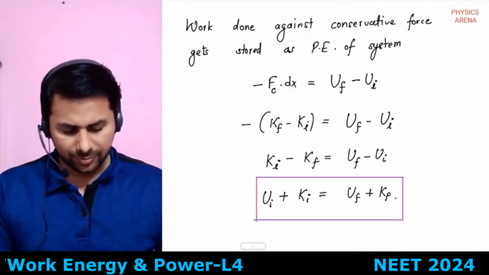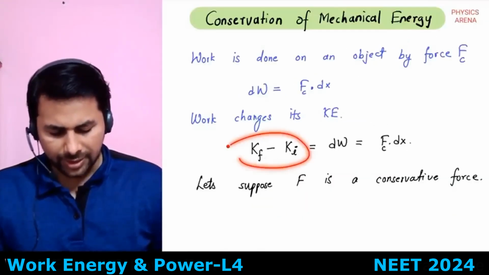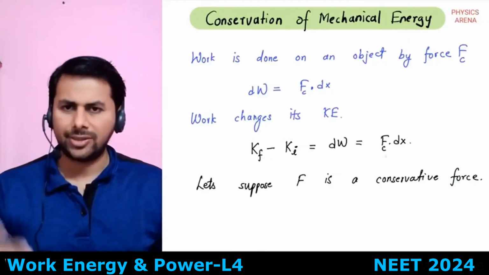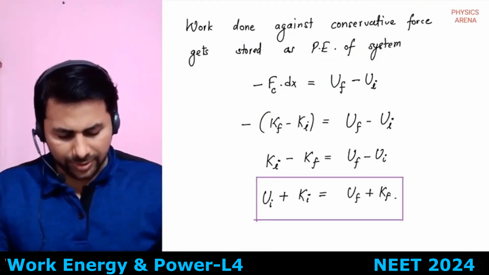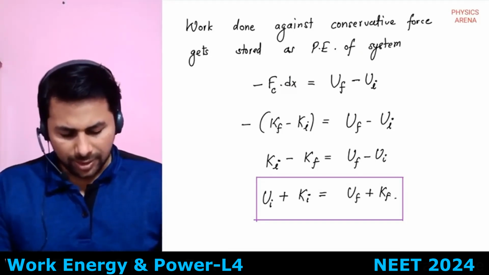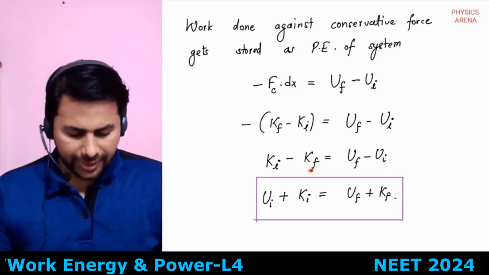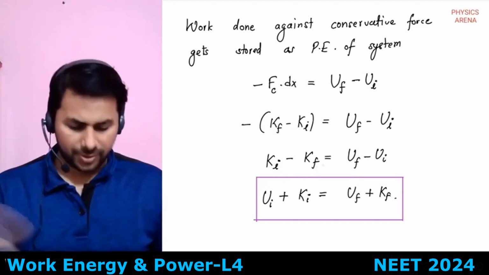So work done equals change in kinetic energy, which is equal to minus of change in potential energy. We can equate those two. What do we get? Kf minus Ki is equal to minus of Uf minus Ui.